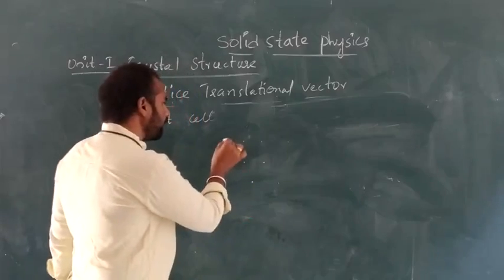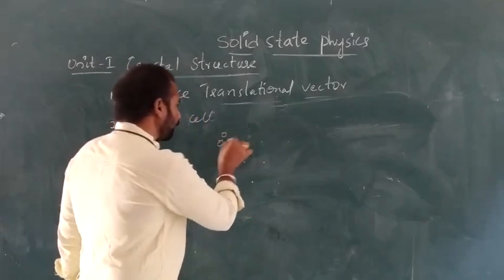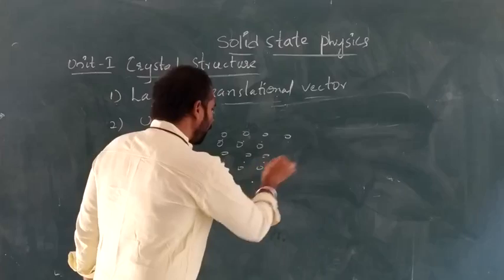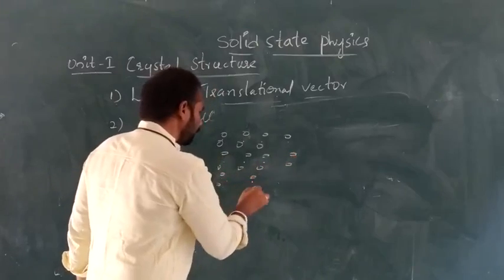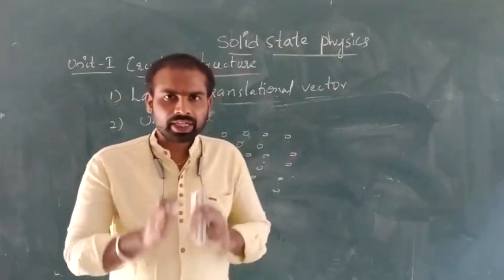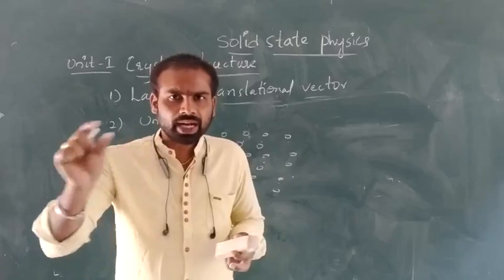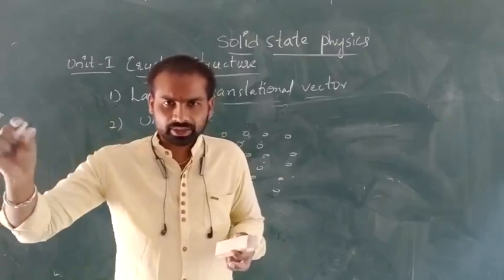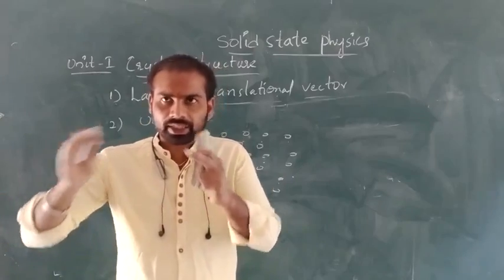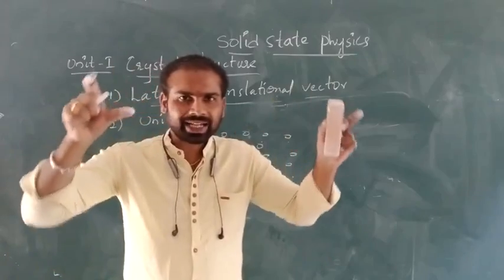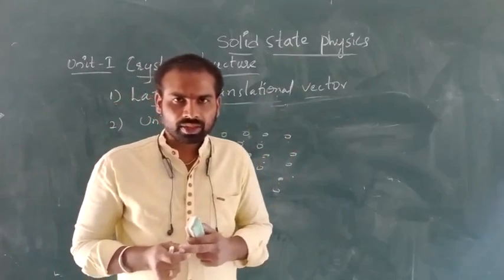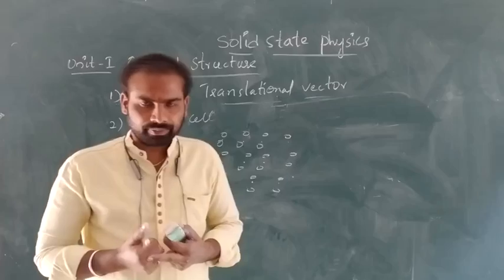Now, replace each and every point with some atom, for example carbon atoms. We get a carbon solid, with carbon atoms arranged one after another in space. The entire thing is a carbon crystal.